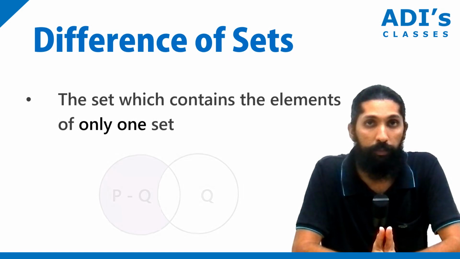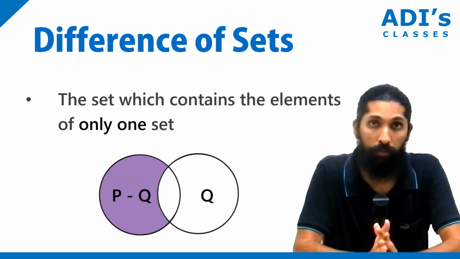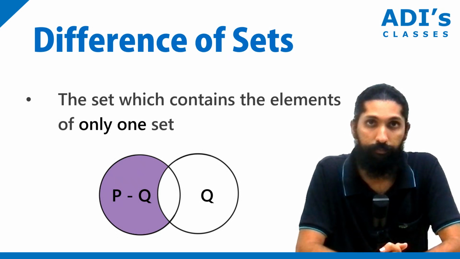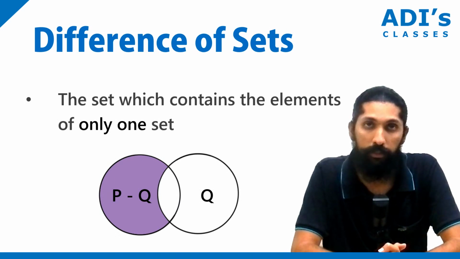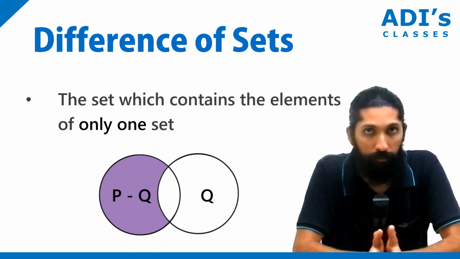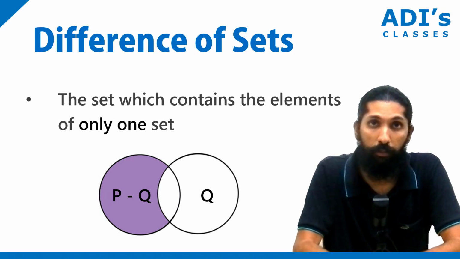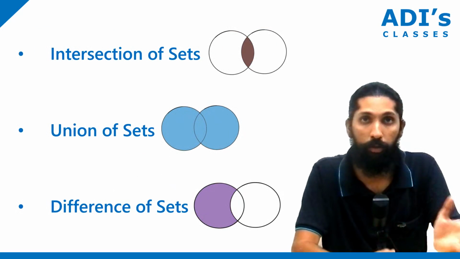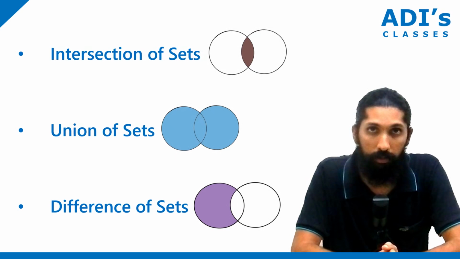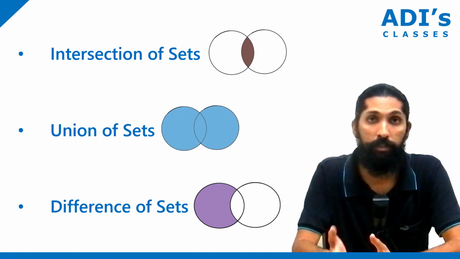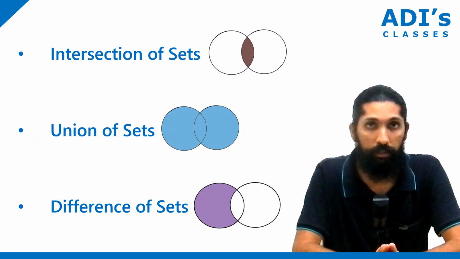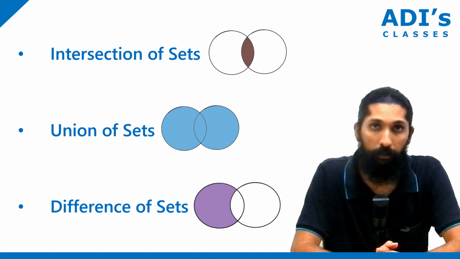The elements which are present in one set alone or only. That is basically difference of the sets, right? And each of them can be represented in a unique way in the Venn diagram, like what you're seeing on the screen here. This is the individual way of representing a union, intersection, and difference, right?